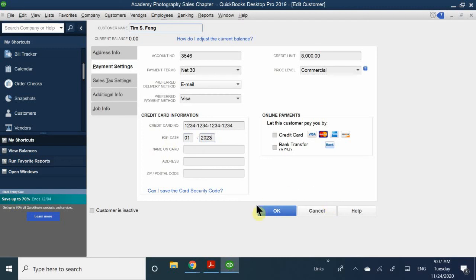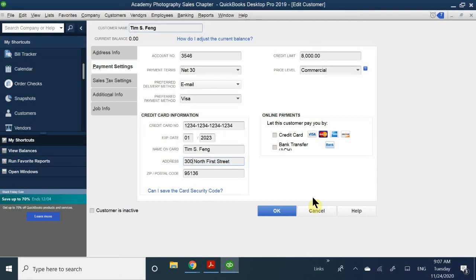Okay, and name on the card. Tim S Peng. Okay, and any addresses or zip code. 300 First Street. Okay, so because I've entered this in before in the previous section, as you could see, I just clicked in there and it automatically filled.